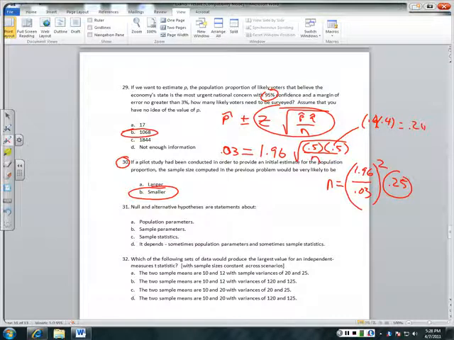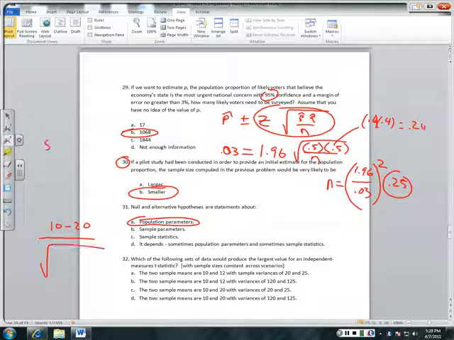Null hypotheses are statements about population parameters, always. Which of the following would produce the largest value for an independent measures t-test? So you want a large difference between means. The largest is going to be 10 minus 20 divided by the smallest standard error.